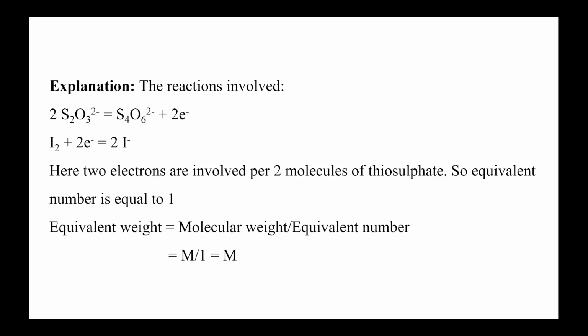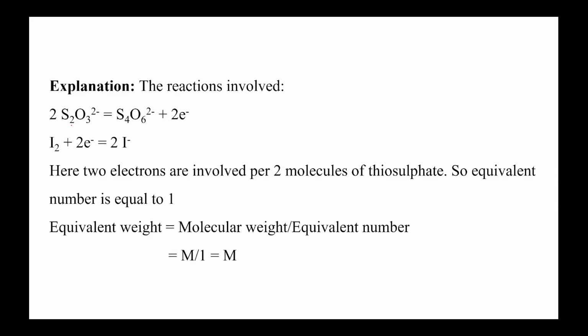So sodium thiosulfate, in that iodometric reaction, I've shown you what the iodometric reaction is already in the previous question. In this reaction, sodium thiosulfate is oxidized into tetrathionate, and iodine is reduced to iodide ions. So the reaction actually occurs together.